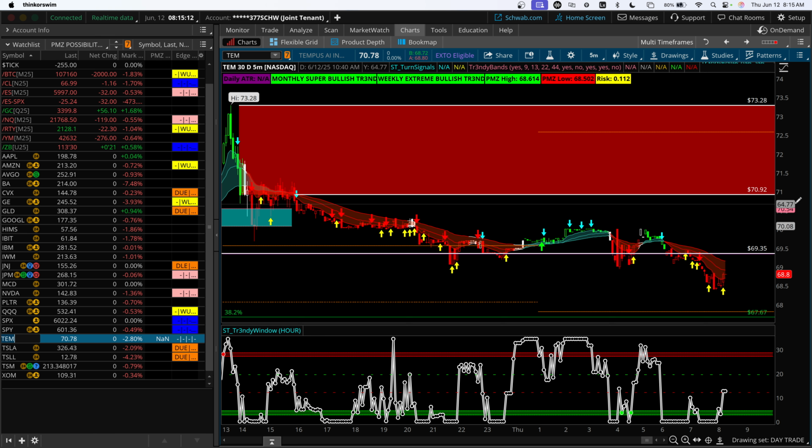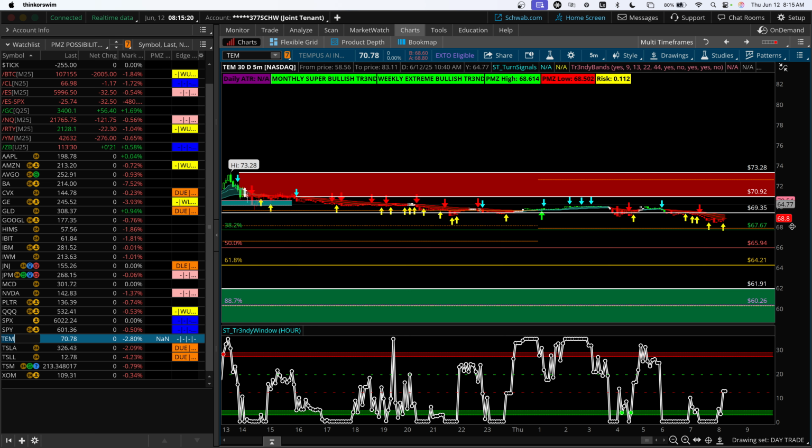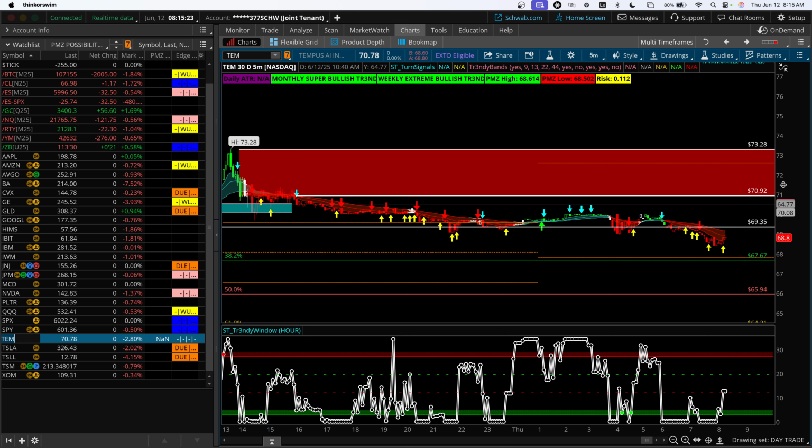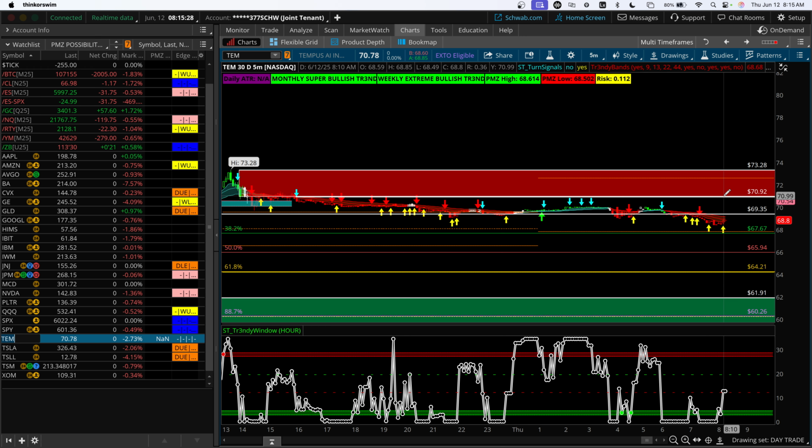My target zone to the downside is 61.91 to 57.38. So I can see I got some good potential reward to the downside. The upside, a couple of dollars, $2 to $3 to the upside. Not bad, but not as good as potential reward to the downside.